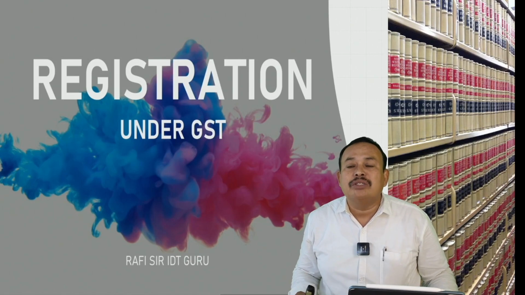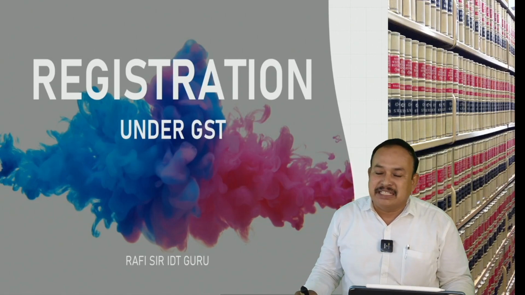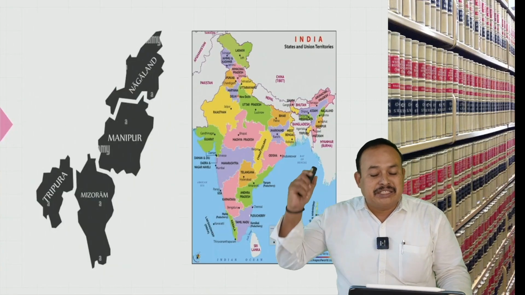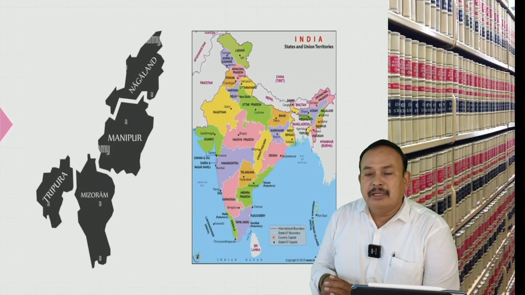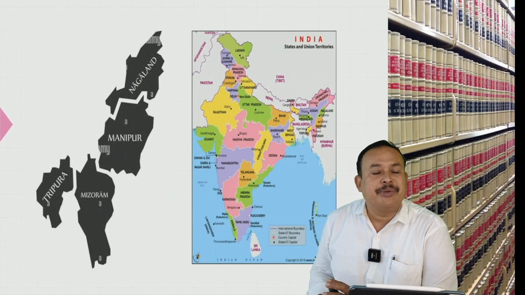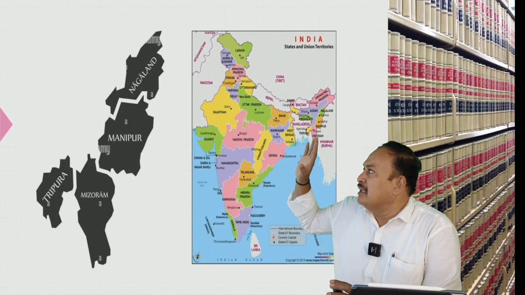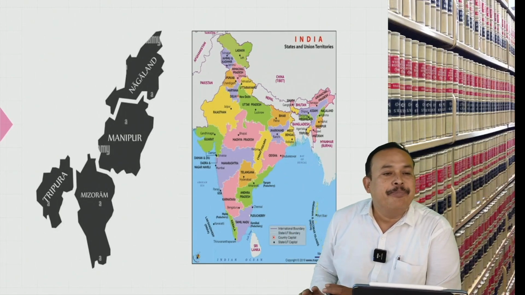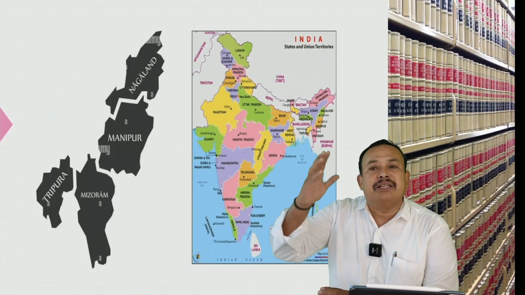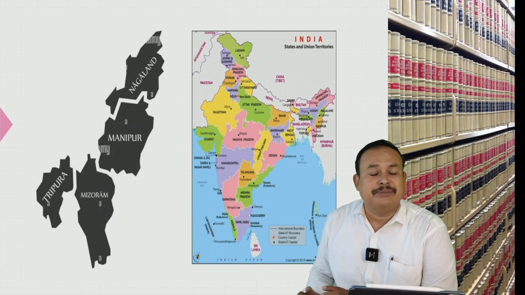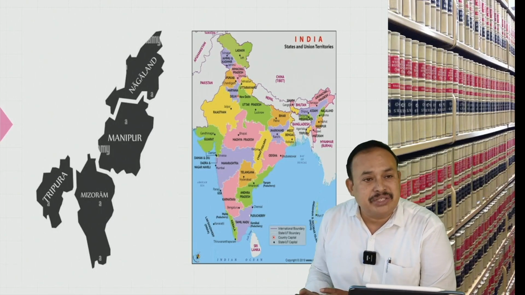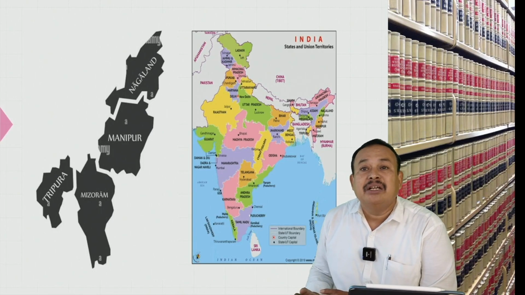Section 22 subsection 1 of the CGST refers to registration for GST purposes. In India, we have 28 states and 8 union territories, as you are aware. Out of 8 UTs, 3 UTs are with a state legislative assembly.